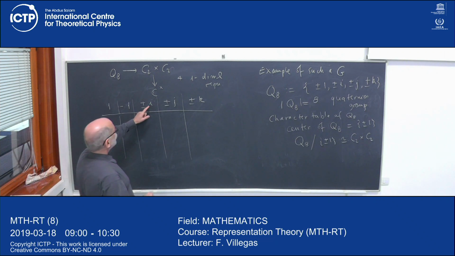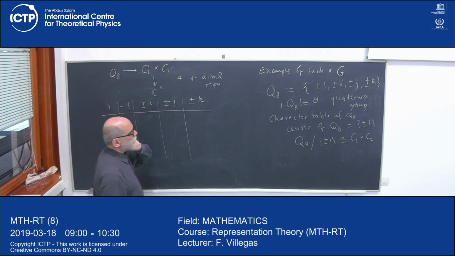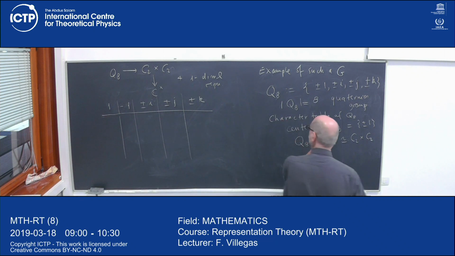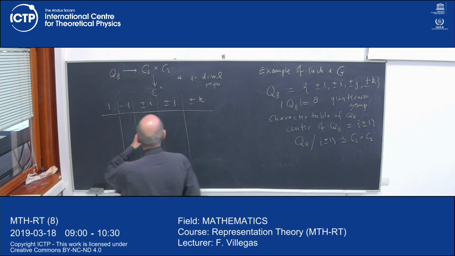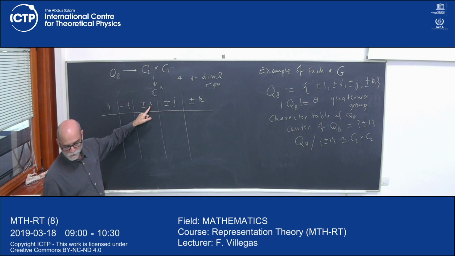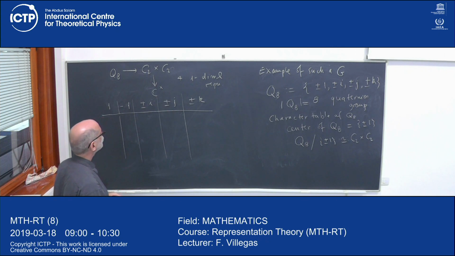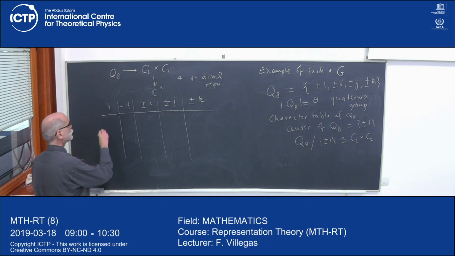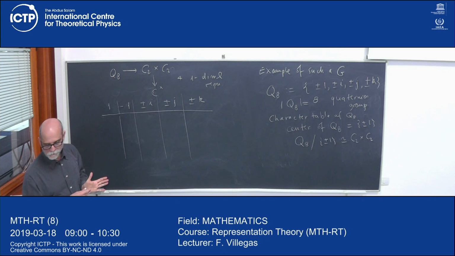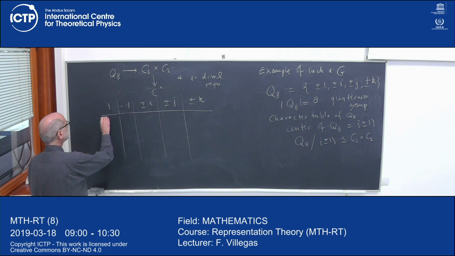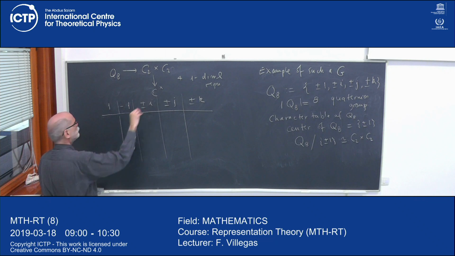Then I and minus I are conjugate, J and minus J are conjugate, and K and minus K are conjugate. To get from I to minus I, you conjugate by J and so on. And you cannot move from I to J by conjugation. So there should be 5 irreducible representations, and there we have 4.